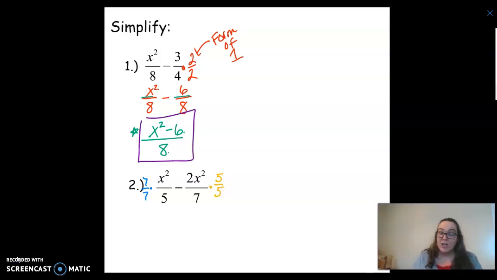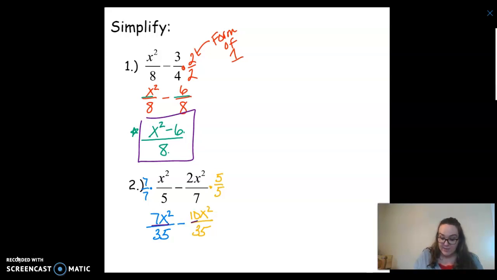So that first fraction, when we multiply by 7, you end up with 7x squared all over 35. Minus, when you multiply that second fraction by 5, you end up with 10x squared over 35.